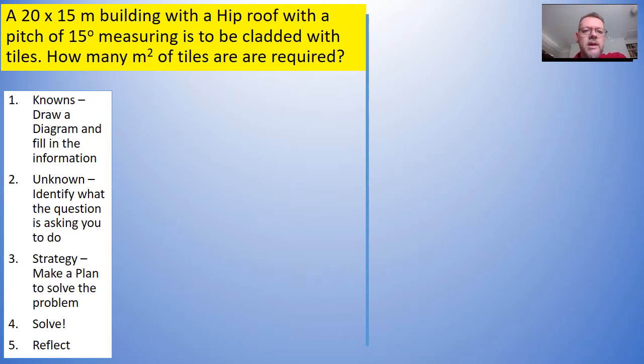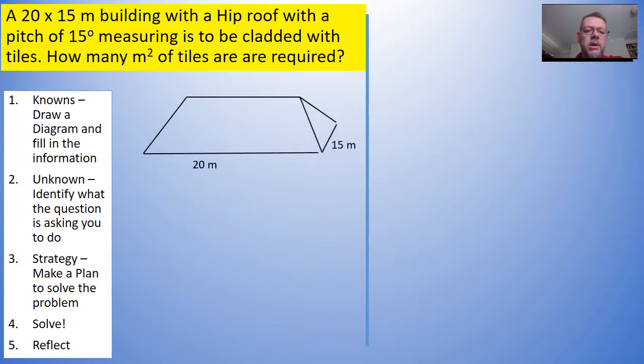Okay, let's now consider tiling a hip roof. We've got the building with the same dimensions as before. It's 20 by 15, and the pitch is the same as before. Let's consider now how many square meters of tiles are required. We need to draw a diagram just to help us get our head around it. We've got a hip roof, and we'll put in some extra detail, and the internal measurement.